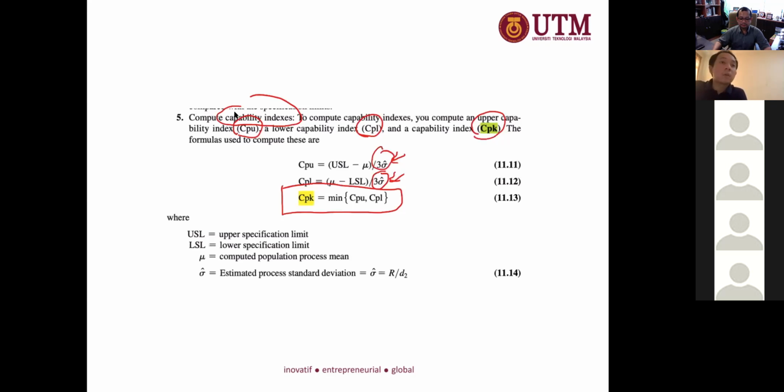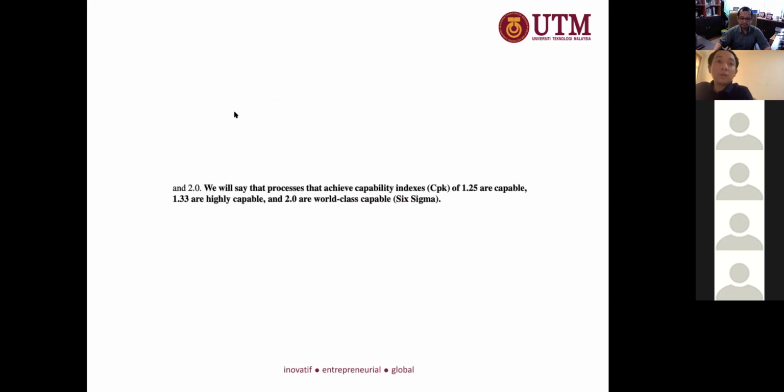And when we have this CPK, this is what you should interpret. If the CPK is 1.25, we are capable. If it is 1.33, highly capable.